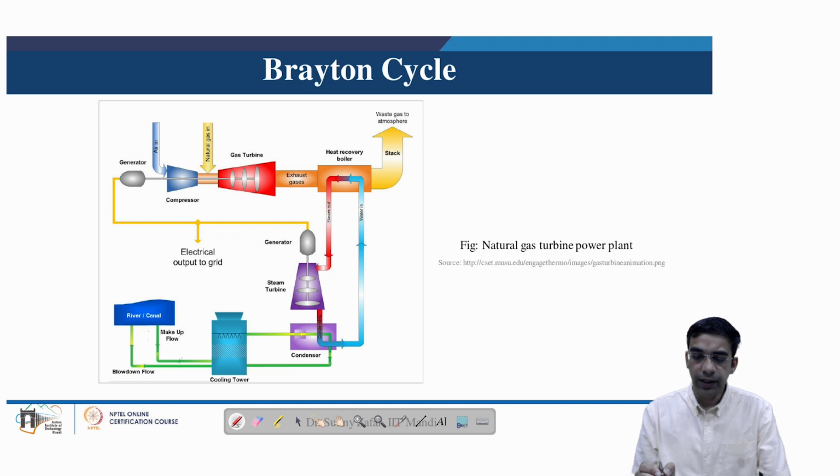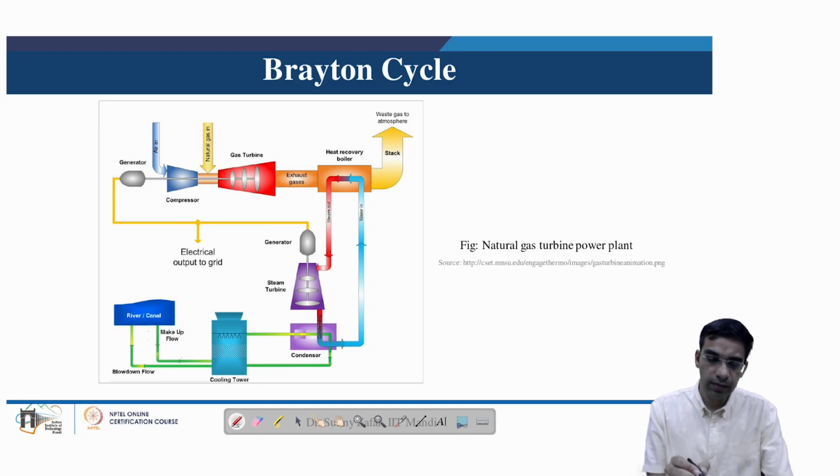Here we can see how a typical natural gas turbine power plant operates. The natural gas turbine power plant operates in tandem with the steam turbine. Here we have the compressor and the gas turbine attached. Air intake takes place, and after the air is compressed, natural gas is also introduced.